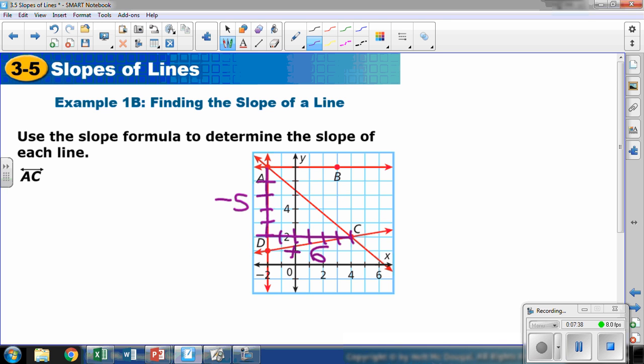So we went right 6. Thus, our slope, rise over run, -5 over +6. That, of course, would just be -5/6 as a slope. And we're done.